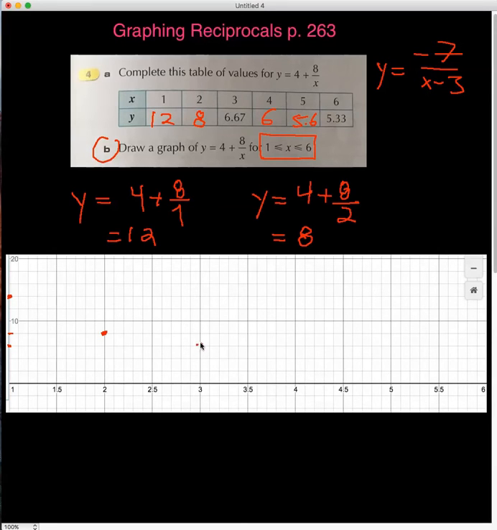So maybe about right around here. 4 and number 6, which is about here. And we get 5 and 5.6, so 2, 4, 6. So 5 should be somewhere around here. And finally 5.33 at the value of x is equal to 6, which should be right there.